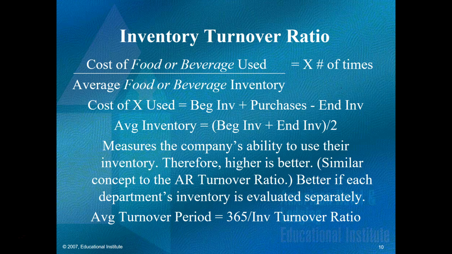Maybe every 2 weeks, right? What if we were talking about liquor? What would be our turnover ratio? Maybe monthly, right? So if we're talking about food, this turnover ratio should be somewhere around 52. If we're talking about beer and wine, this ratio should probably run somewhere around 26. If we're talking about liquor, probably going to run somewhere around 12.